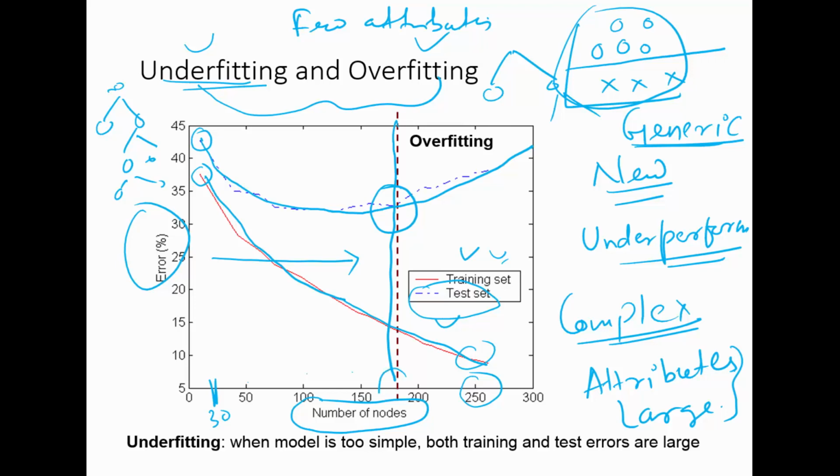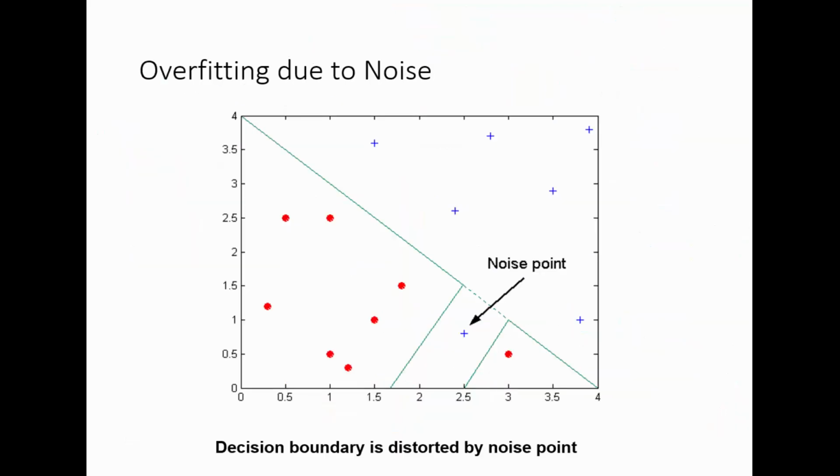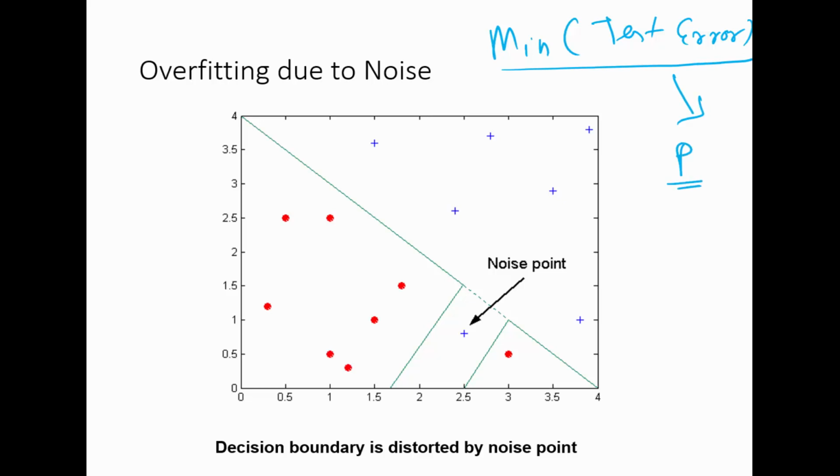So the test error is minimum at 170 or 180, that place, right? So always minimize test error. This is the error cost function we have to build. The number of nodes, denoted by p, depends on what the test error is, and whether it's minimum or not.